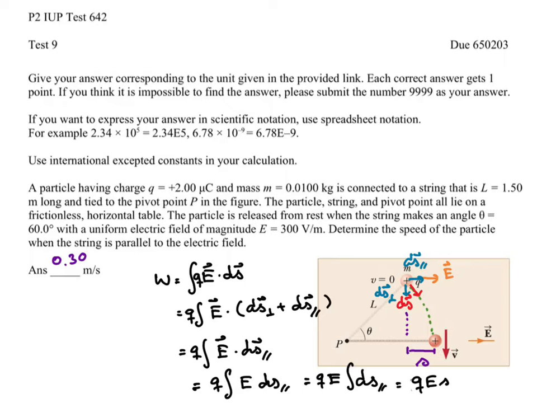And to calculate the velocity of the particle here, we can use several methods. We can calculate the electric force on the particle, and then calculate the acceleration along the path together with the tension, and then calculate the velocity here.